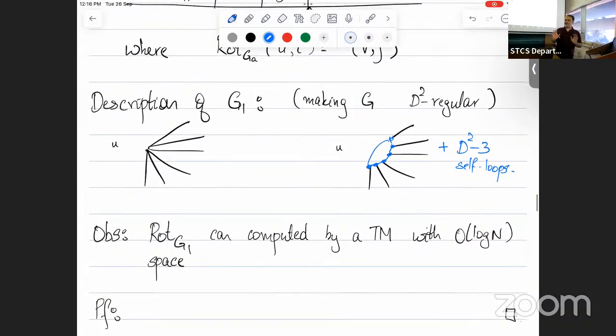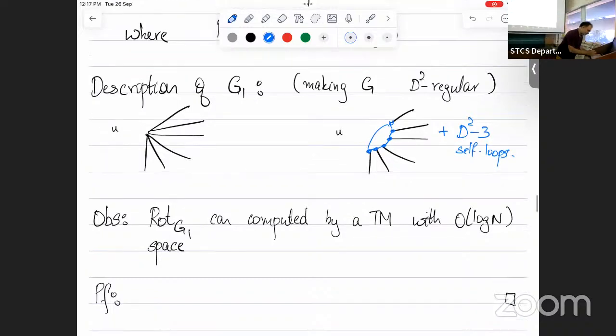Okay. And the first thing I want to claim is that this rotation map of G1 can actually be computed efficiently. Right now, I just told you what to put on each vertex. We can now be systematic about how we are labeling these edges. Each vertex must now tell me what is my left neighbor, right neighbor, what is my 1st neighbor, 2nd neighbor, and so on, all the way to the d squared-th neighbor. So you come up with some mechanism.